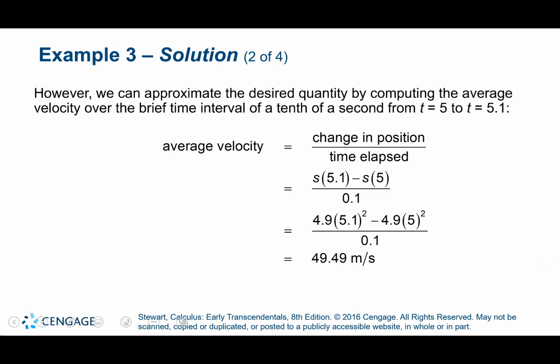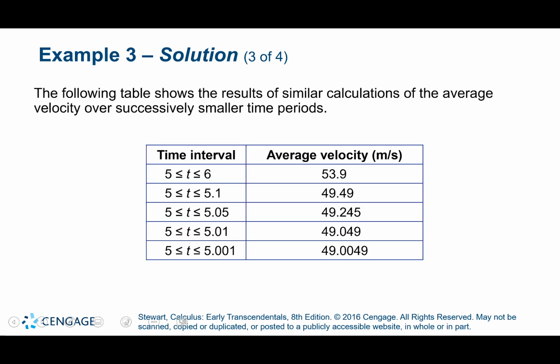What can we do? I'll post these slides if you want me to. We can take kind of the same approach we did with the points P and Q. On the last one, we wanted the slope of the tangent line. What we did is we figured out the slope of the secant line and then let our points on the secant line get closer and closer together and found the pattern.